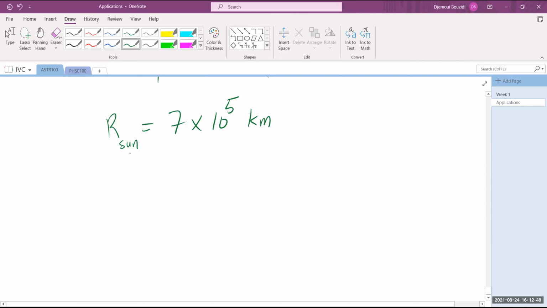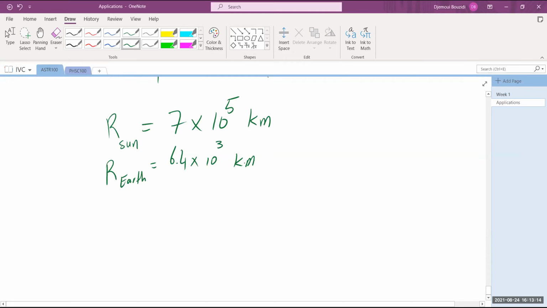They just mean what they represent, radius. And the radius of the Earth is 6.4 times 10 to the power 3 kilometers. Show that the sun's radius is approximately 100 times that of the radius of the Earth.